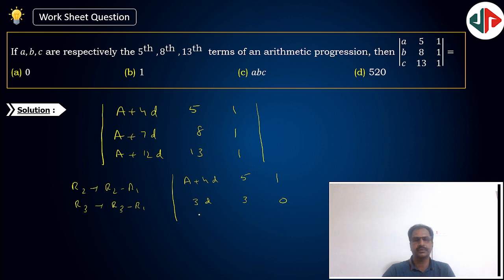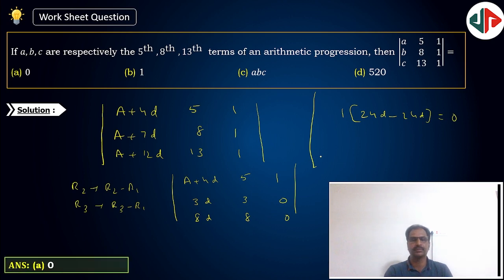R3 minus R1 gives 8d, 8, 0. If you expand the determinant by taking the third column, then you get 1 into 24d minus 24d, which is 0. So option A is correct.